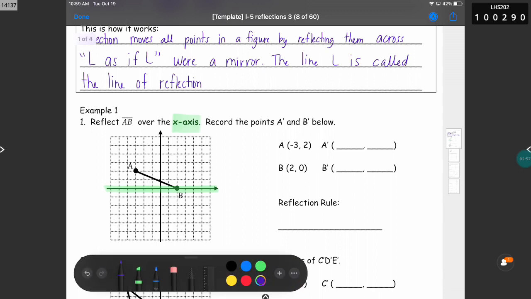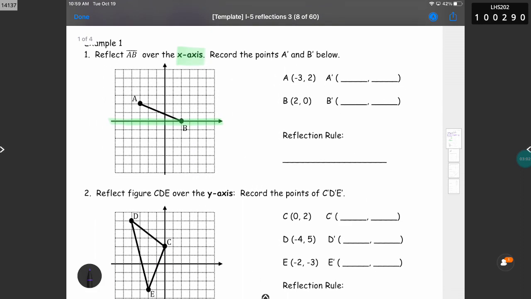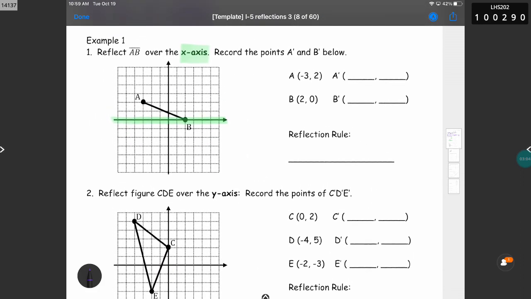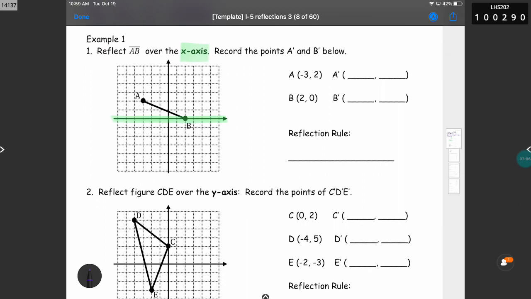Now that I have my x-axis highlighted, using your page protector and your expo marker, you are going to trace over the x-axis, the y-axis, point A and point B. And you're going to make sure to label all of those things.